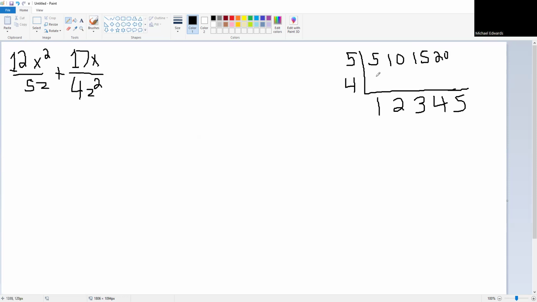Let's fill out some of the 4s. 4 times 2 is 8. This one's 12. 16. 20. Okay, so this lines up this way. We found 20. These two match right here. So let's go ahead and make it 20.